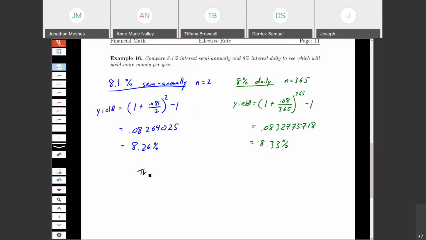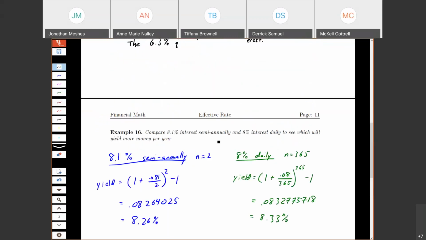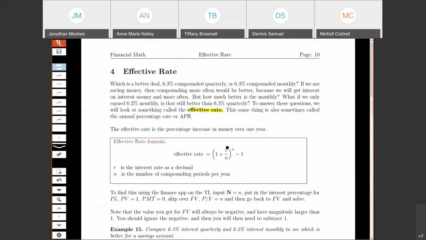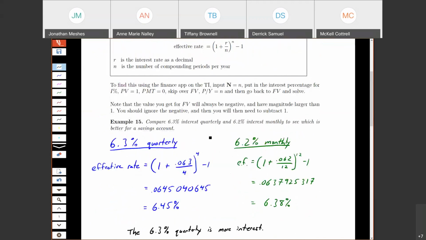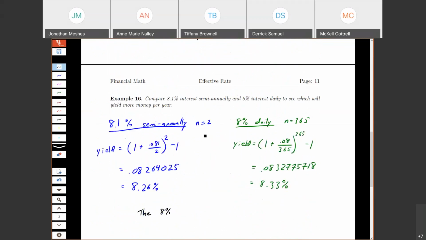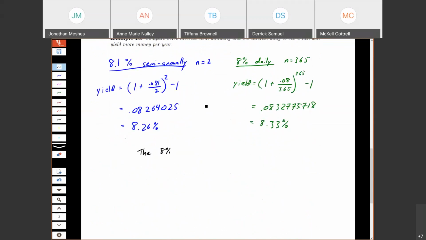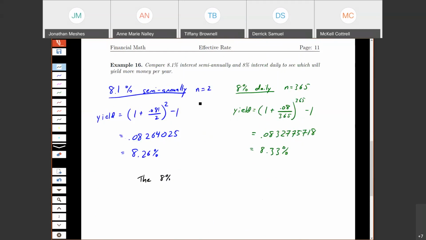I had a question. Why are we saying yield? Well, we defined this as the, I'm sorry, effective rate. You're right. There are a number of different things that this is called: effective rate, effective yield, APY, which is the annual percentage yield. You're right, I should have left this as effective rate.